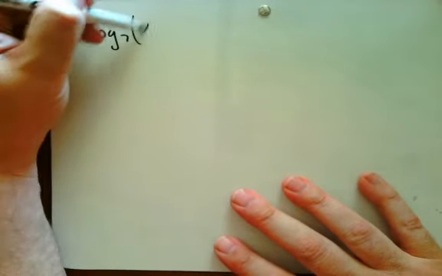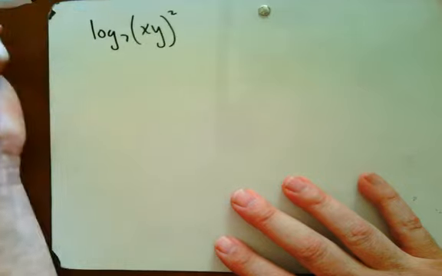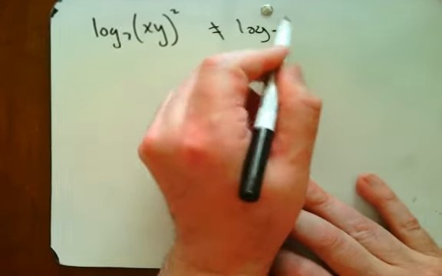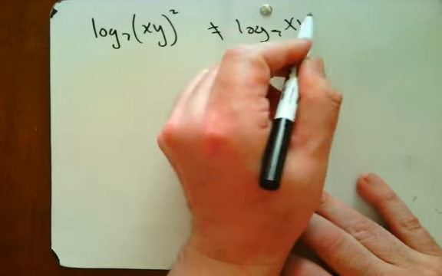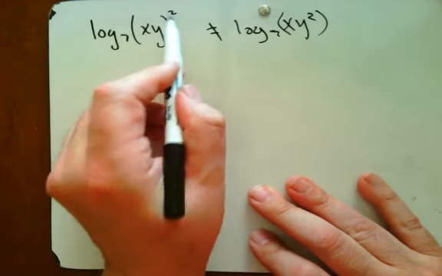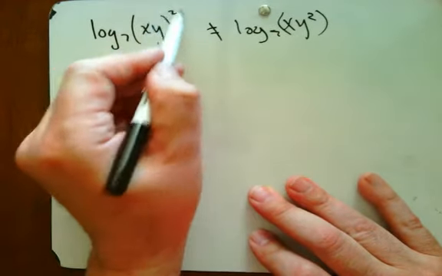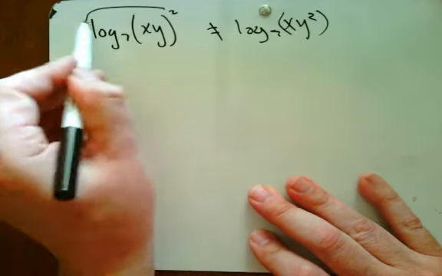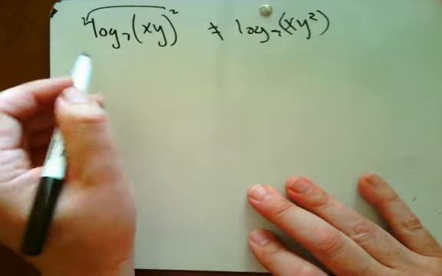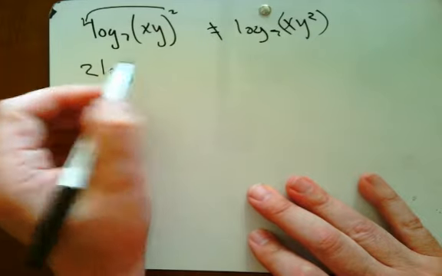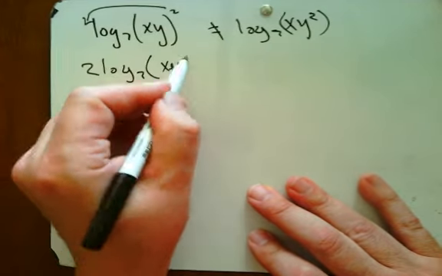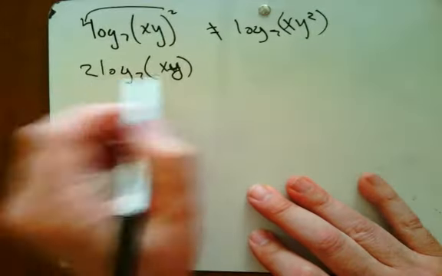Okie doke. All right, let's take a look at some others. Oh, hey, I wanted to say if I see something like this, which is similar to, but not the same as, log base 7 of xy squared, the power is outside of the product.